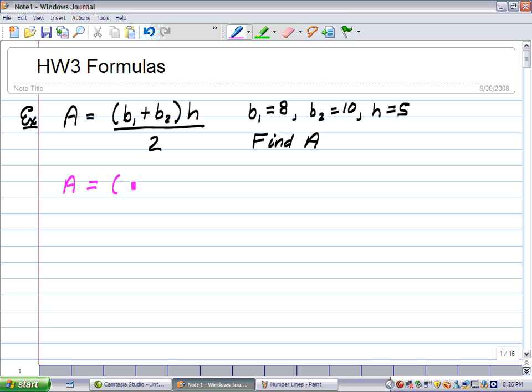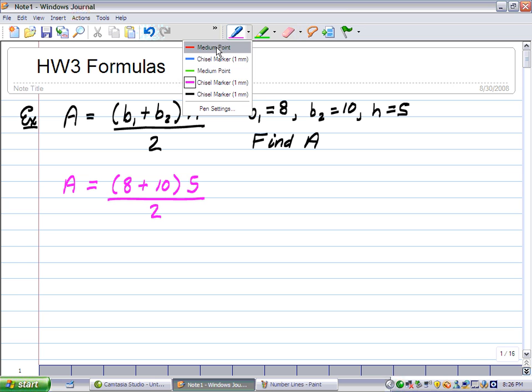So B1 is 8, B2 is 10, and H is 5. 2, of course, just stays 2. When I have a number at the end like that, remember that a parenthesis next to a number is times, so if we want to, we can write that little times symbol in.